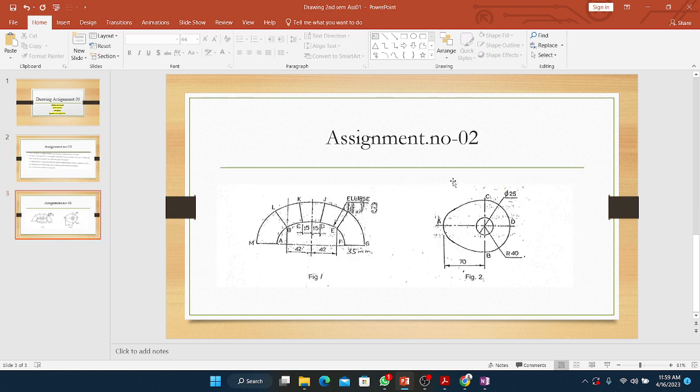This is our figure 1. In this figure you want to draw this shape. First of all, to draw this figure, you can see an elliptical shape, a half elliptical shape inside of this figure. So you want to draw this one.